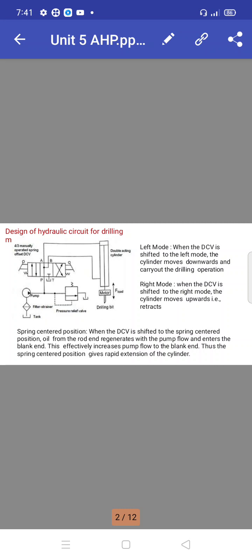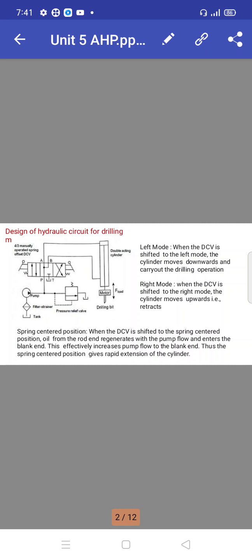Left mode: when the DCV is shifted to the left mode, the cylinder moves downward and carries out the drilling operation. Right mode: when the direction control valve is shifted to the right mode, the cylinder moves upwards, that is, it retracts. Retracts means it comes back to its original position.